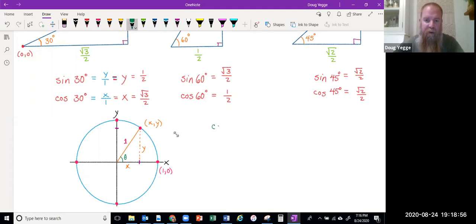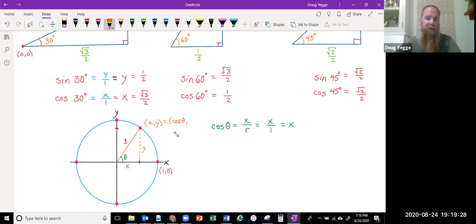So notice the cosine of theta is adjacent over hypotenuse, or x over r. And so x over r in this case is just x over 1, which is x. Which means that if we force this circle to have a hypotenuse of 1, the x coordinate automatically tells me the value of cosine theta.